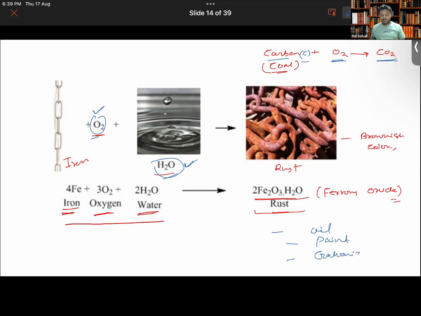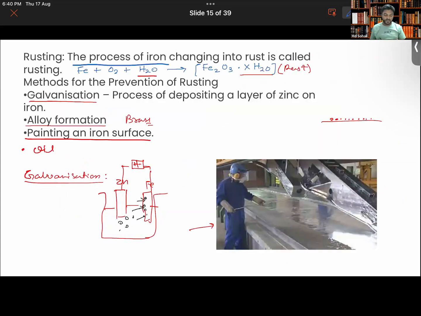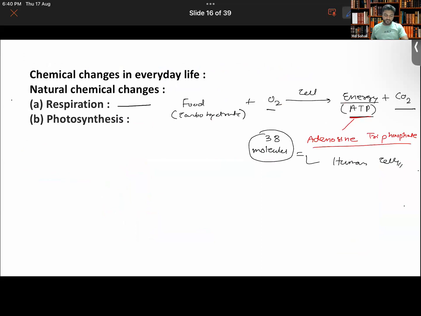All these things we have in fact discussed in our previous class. We might also make it in the form of an alloy, reacting it with some other metal, or with some non-metal. That will lead to the formation of an alloy like brass.